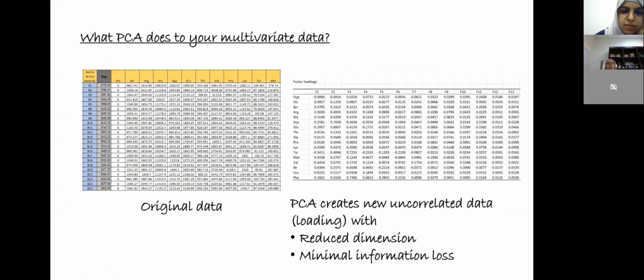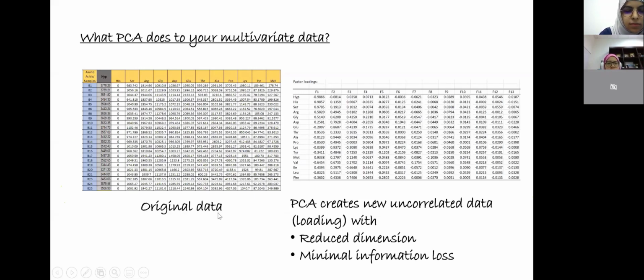Okay. So what does the principal component analysis, or PCA, do to your multivariate data? This is your original data, and then the PCA will create new uncorrelated data. We call it loading, so you can see in this example we call it factor loading here. You have 13 variables.